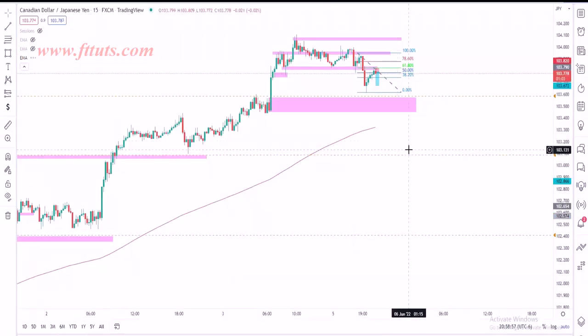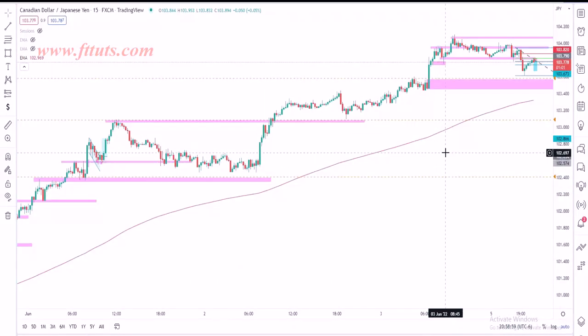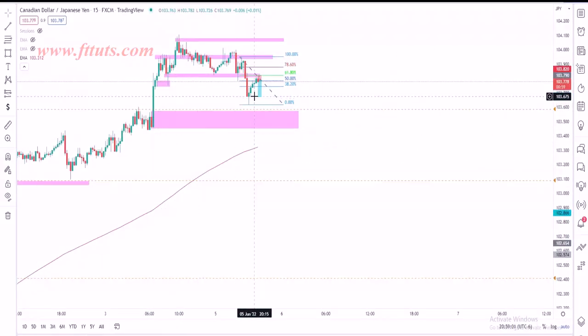As far as the target, we could definitely target more if price is going to continue to move downward and follow through with momentum on this move. We could target to the very low of the recent 15-minute right here.